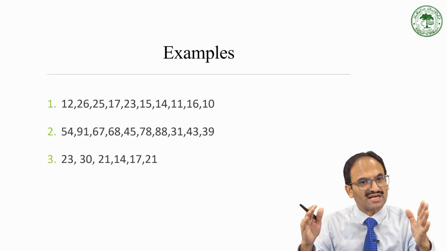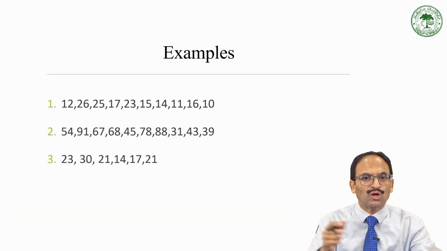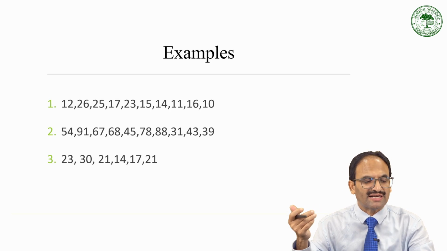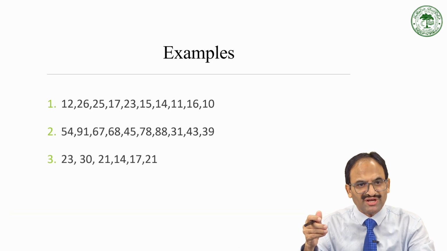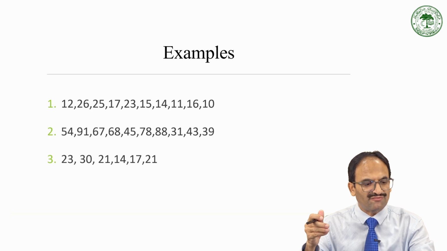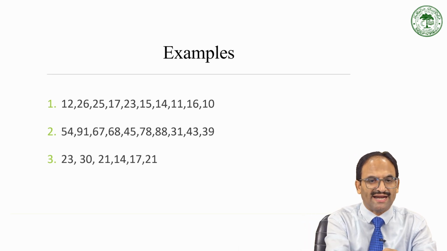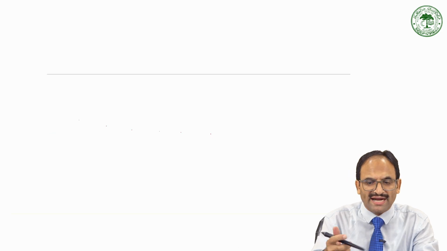And if you see the data, you will find that the lowest number here is 31, then we have 39, then 43, then 45, then 54, then 67, then 68, then 78, then 88, and finally the highest number is 91. So let me write it.